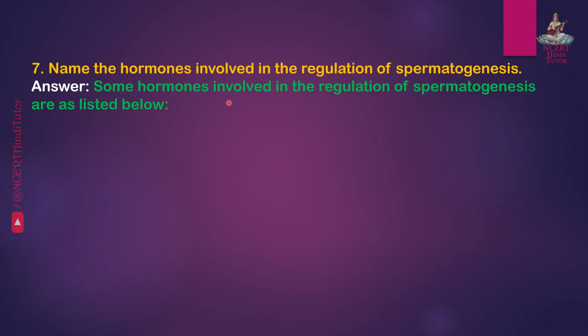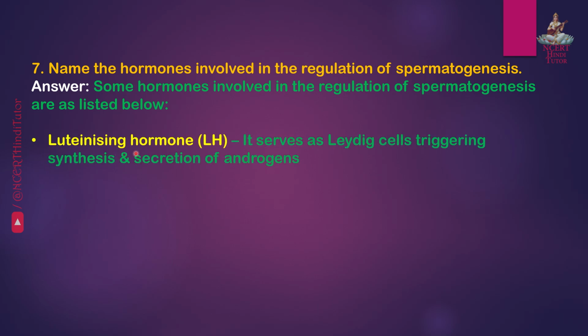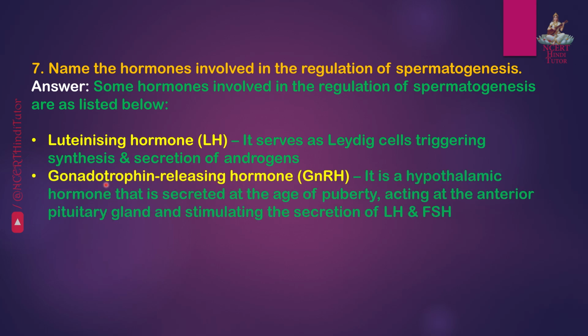Question 7. Name the hormones involved in the regulation of spermatogenesis. Answer. Some hormones involved in the regulation of spermatogenesis are as listed below. First, luteinizing hormone, LH. It acts on Leydig cells, triggering synthesis and secretion of androgens. Next, gonadotrophin releasing hormone, GnRH.